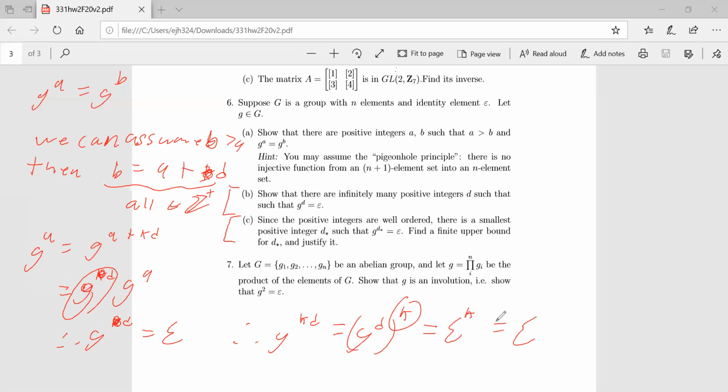So we have this for all k in the positive integers. Right? Does that make sense to you guys? Yep. Cool.